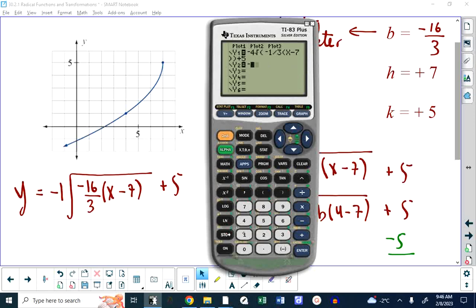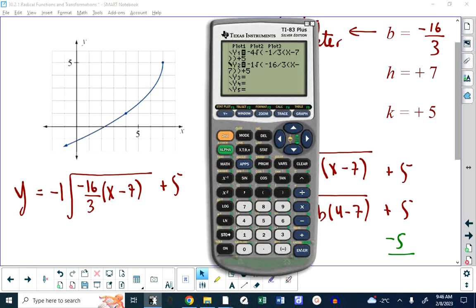I have -1 times the square root of -16 over 3 multiplied by x minus 7, close brackets on the x minus h, close brackets on the function, plus 5. Now, if I'm claiming these are the same, you're not going to see anything. Let me double check that I've entered it correctly. It looks okay.